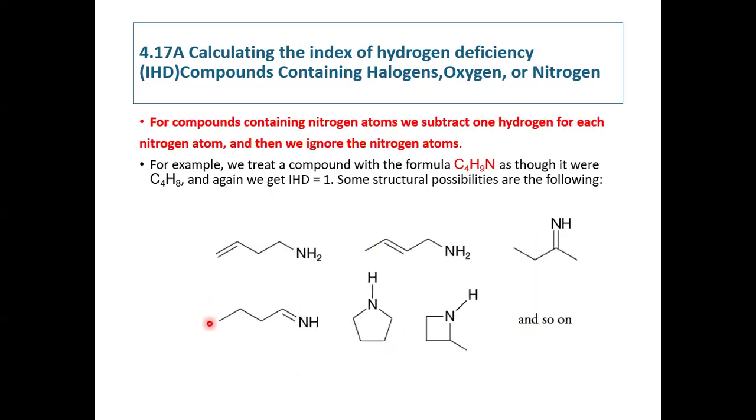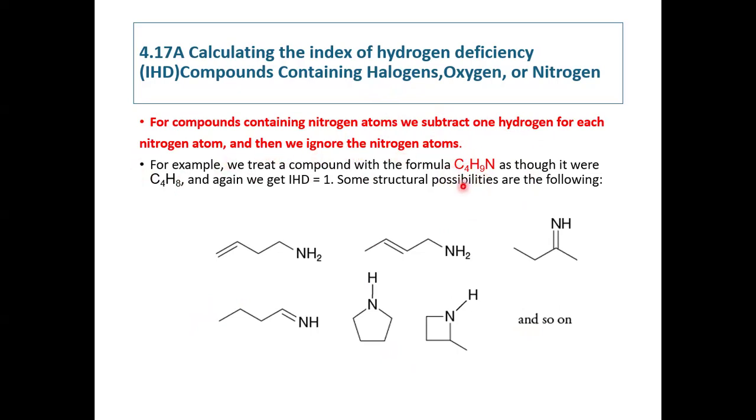of hydrogen deficiency. Now, for compounds containing nitrogen atoms, like C4H9N, we subtract 1 hydrogen for each nitrogen atom, and then we ignore the nitrogen atom.